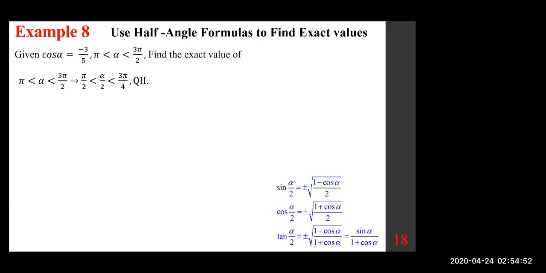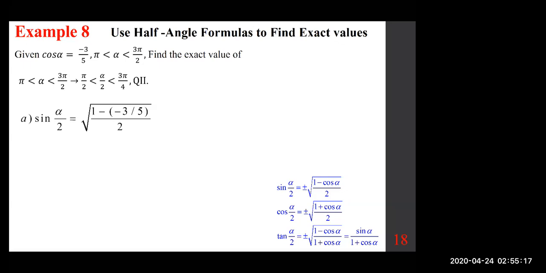So what is sine of alpha over 2 when we use the formula in the second quadrant? The only reason I want you to pay attention to this question is that we established a quadrant. What is happening in the second quadrant? In the second quadrant, everything is negative except sine.